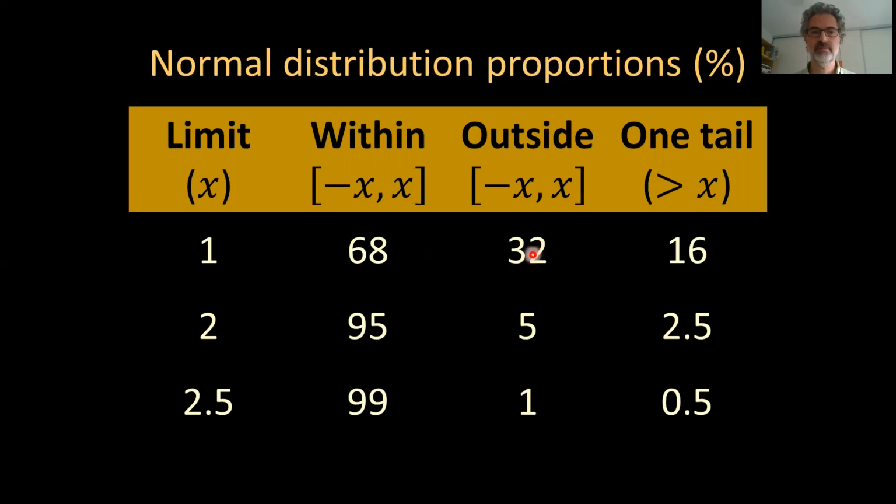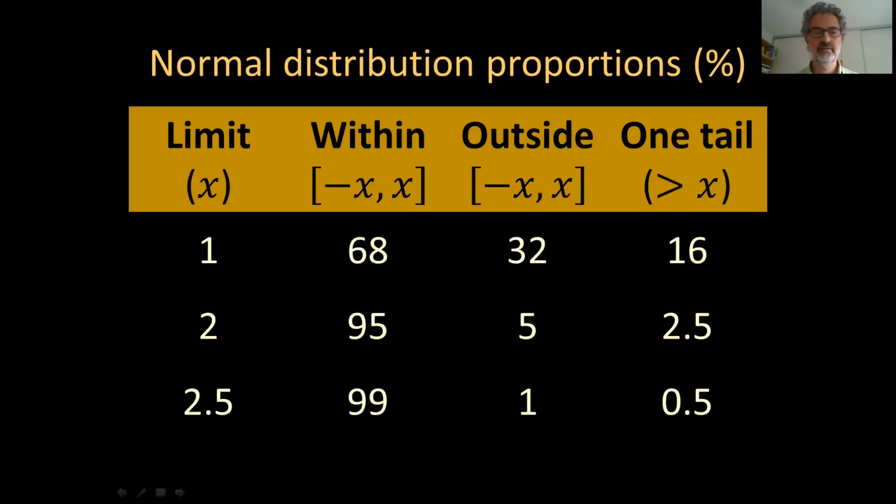So if you remember this 32, then you know that inside has to be what's left from 100, and each tail has to be half of it. And for 2, we have 95% within the range minus 2 to 2, 5% left for outside the range minus 2 to 2. Therefore, each tail would be 2.5%. Again, if you remember the 5, then this is what's left for 100, and this is half.